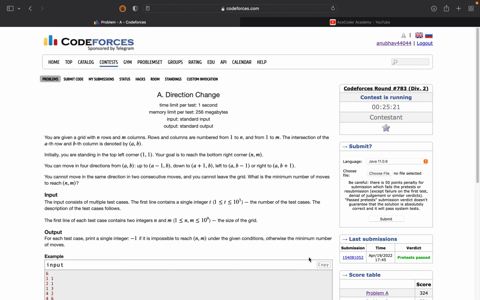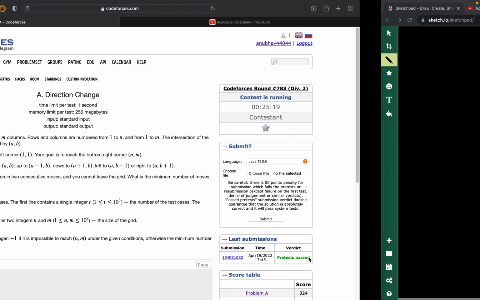So let's have a look at how we can approach this problem. Firstly, I will take three examples where I am given a 3 cross 3 matrix, a 2 cross 4 matrix, and a 2 cross 5 matrix. Once we work through these examples, we will be able to observe how we can approach this problem.